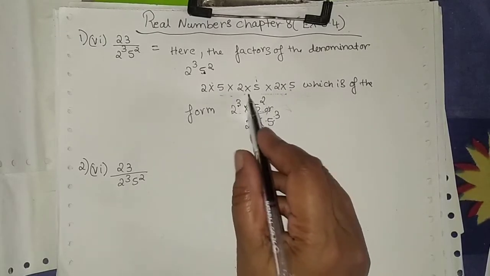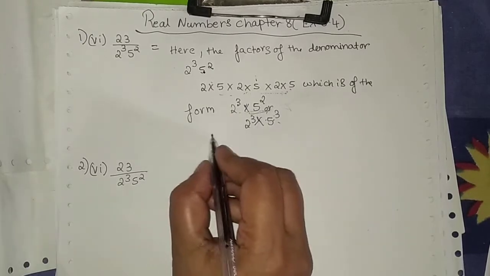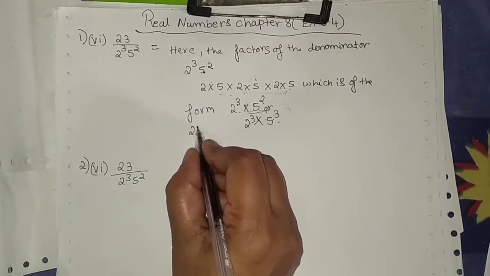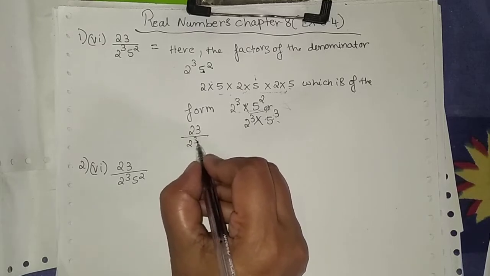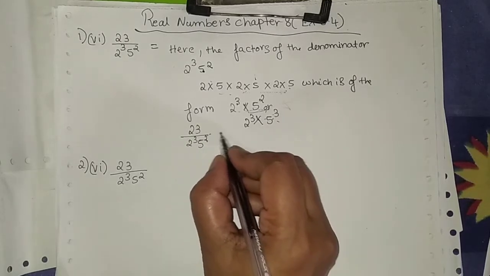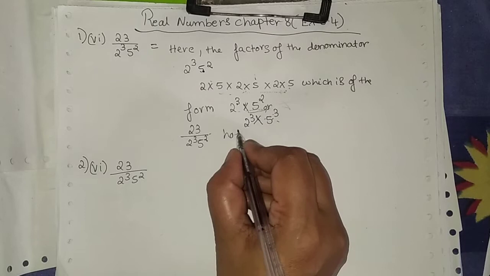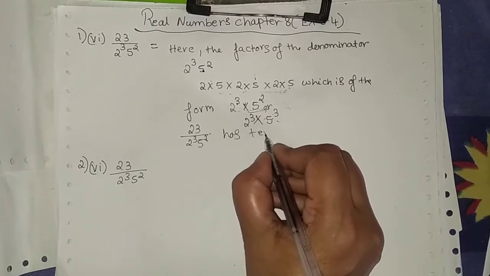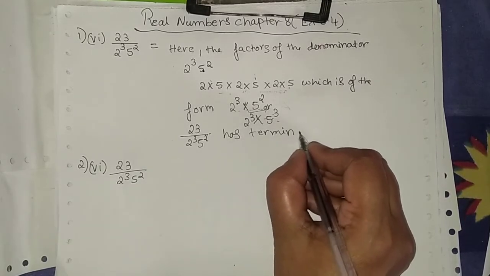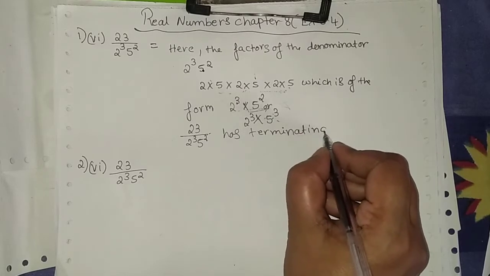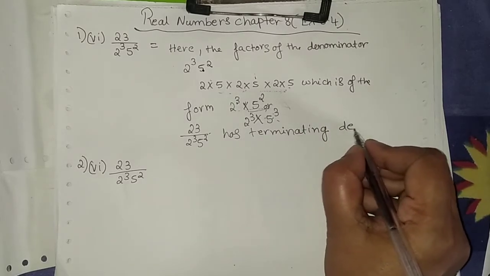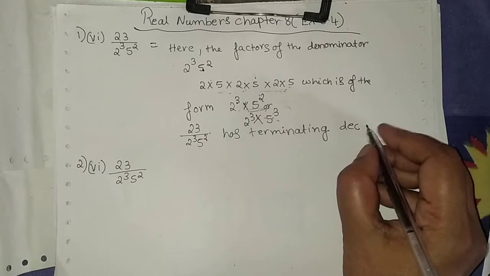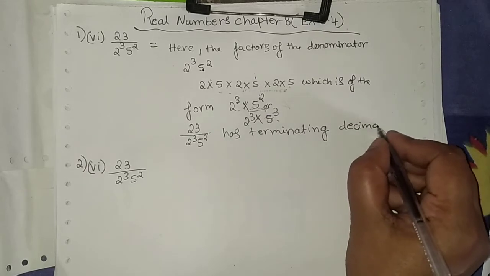This is in the form, this one. So 23 by 2 cube 5 square has a terminating decimal expansion. So this is also correct, this is also correct. You can write anything.